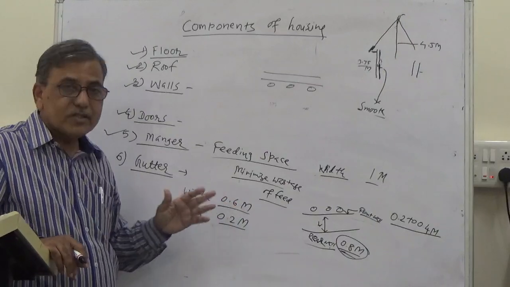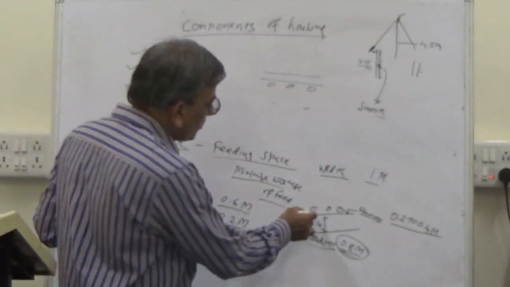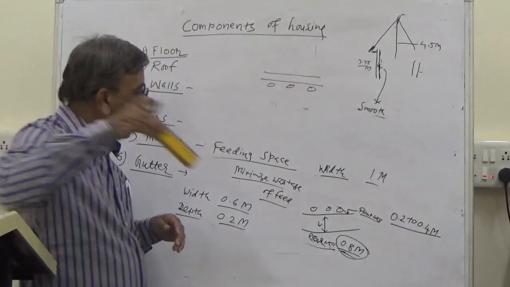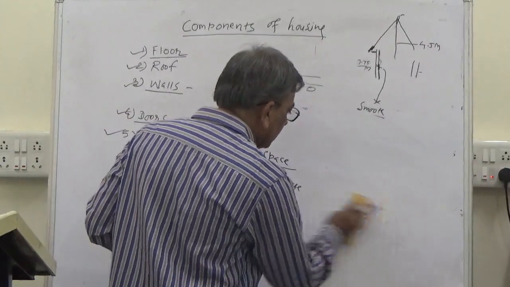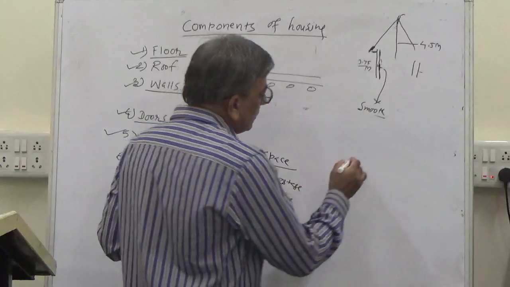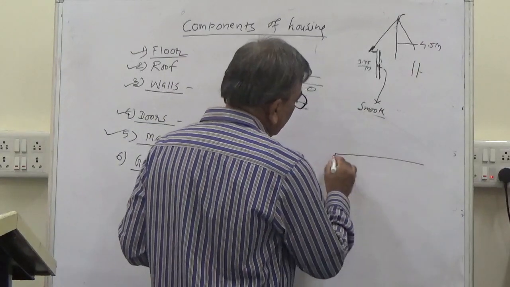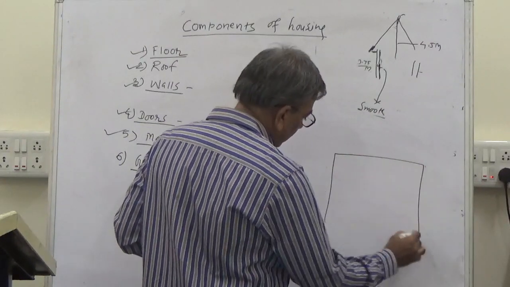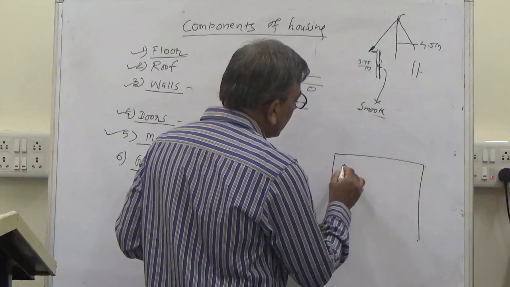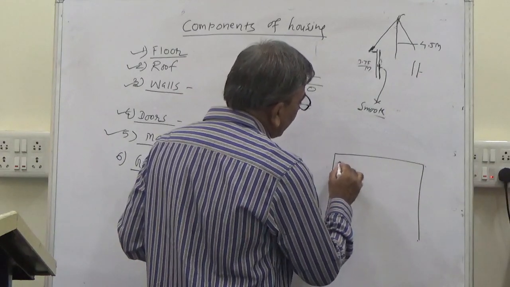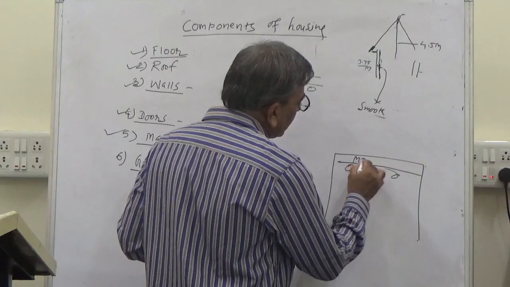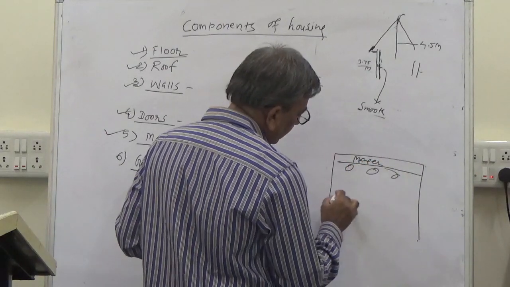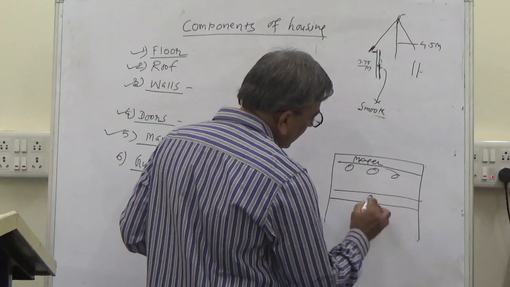Width of the gutter, 0.6 meters. Suppose this is a tail to tail system house. This is the manger, and here the gutter is located.